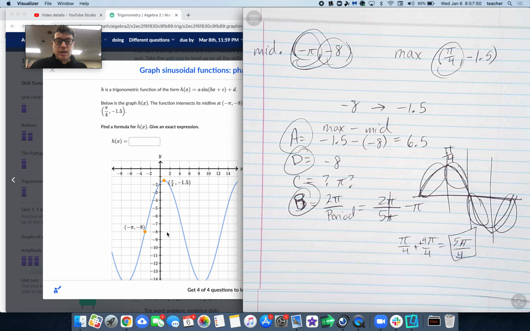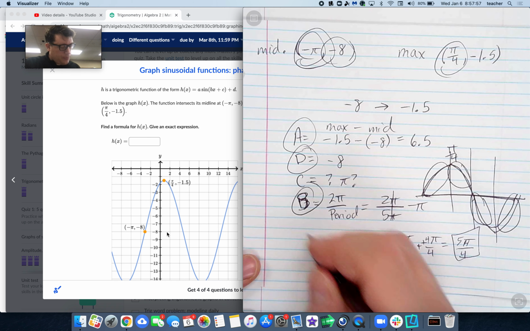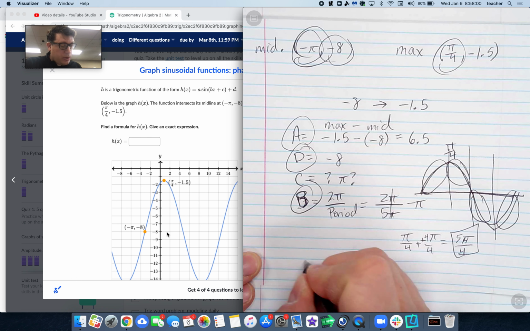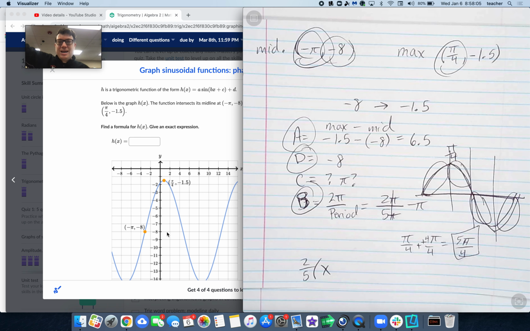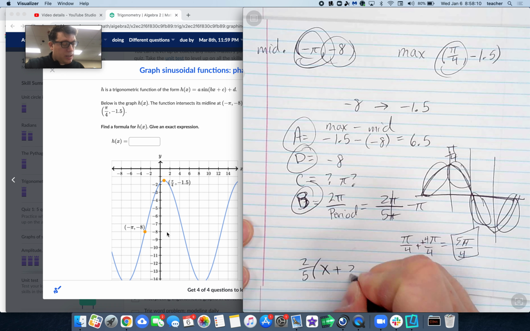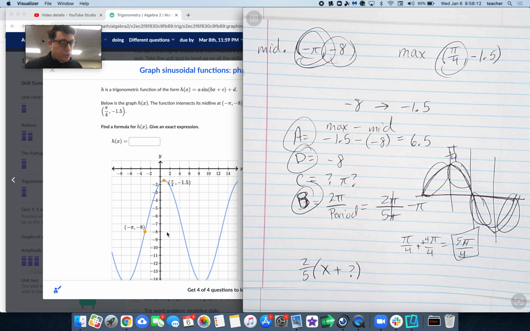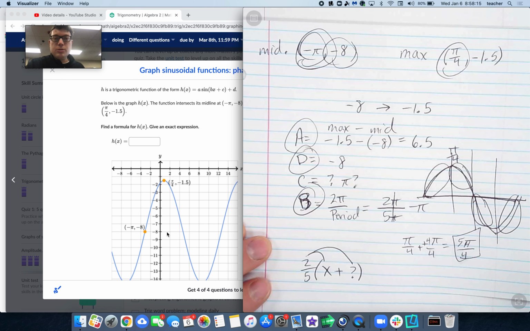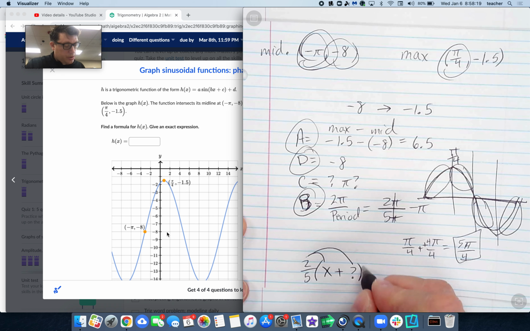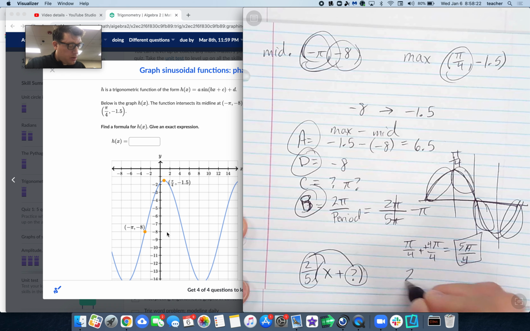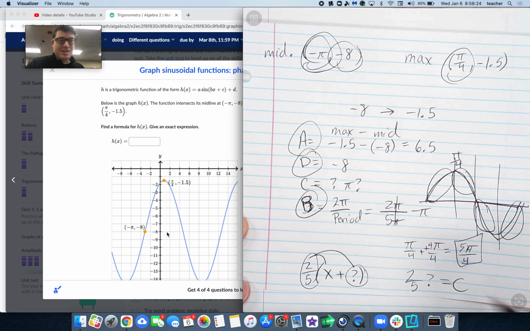The reason is that, yes, we are shifting to the left pi spaces, but that's kind of embedded. It's like saying this is what's happening. We have 2/5, and instead of just writing bx, let's write b parentheses x plus an unknown value. The truth is 2/5 times x and 2/5 times question mark turns 2/5 question mark into c.